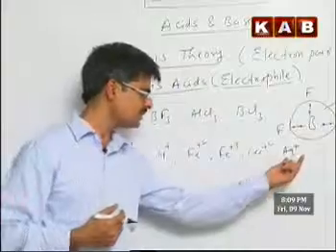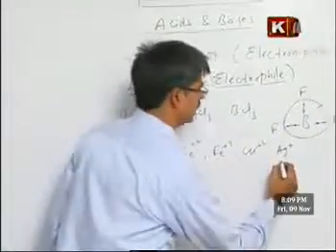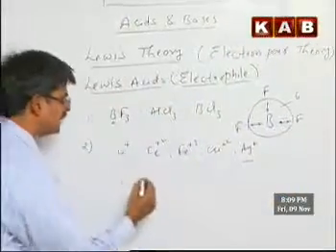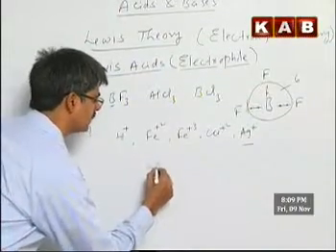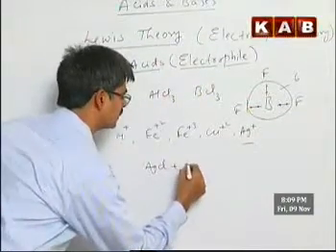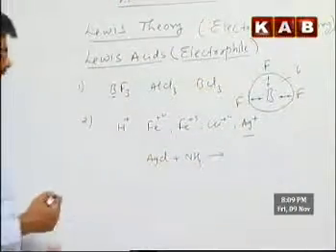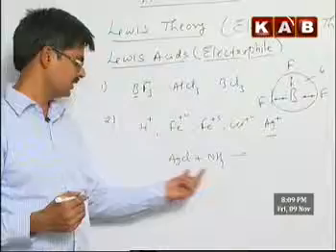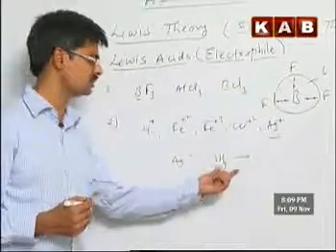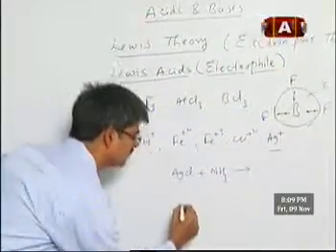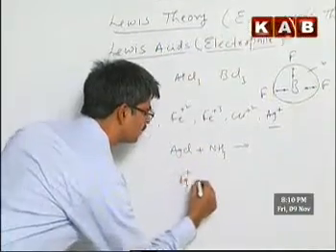For example, consider a reaction of the silver ion, and all of us are familiar with one reaction, that is, silver chloride is soluble in ammonia. It is forming a soluble complex. So what is actually happening in this reaction? Silver chloride plus ammonia means the silver ion is there in the reaction. So silver ion plus ammonia.